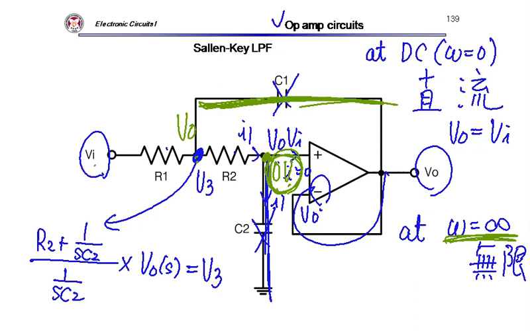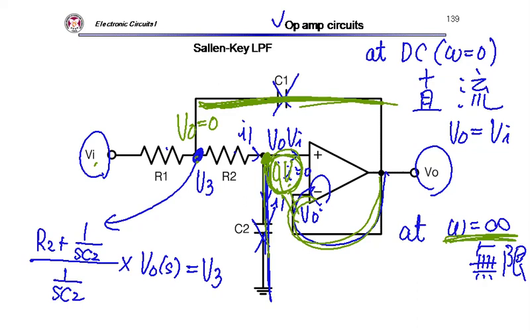What happens? Because of this short circuit, and because of this virtual ground, my VO equals 0.